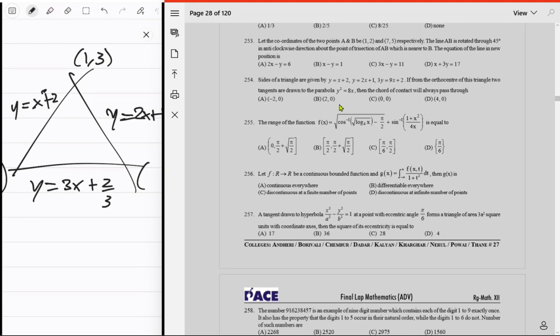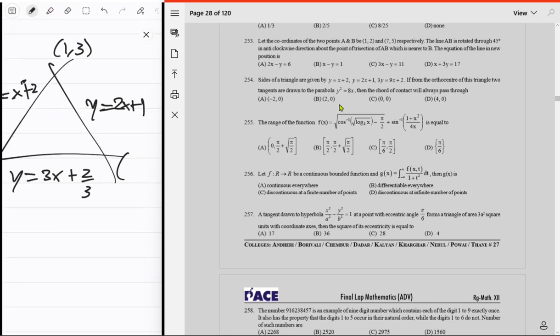Then that would make sense, like it's passing through the focus, because that's the only property that works. Still I will have to prove this correctly, and there's no other way.